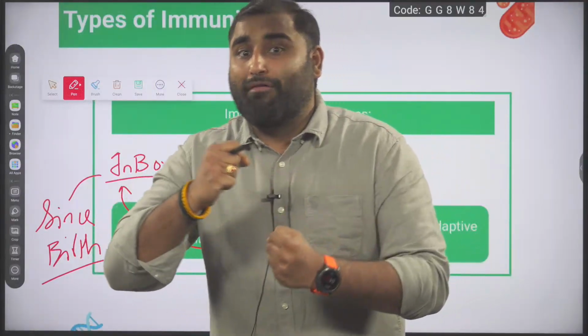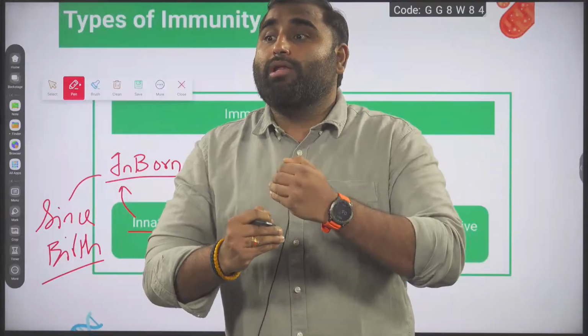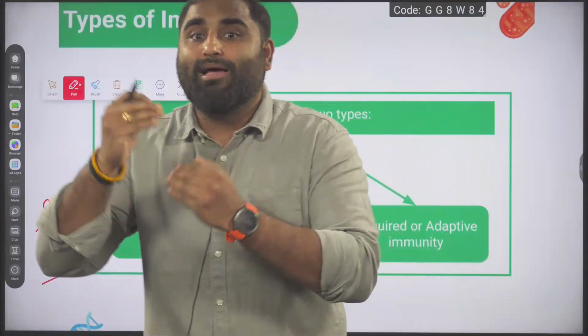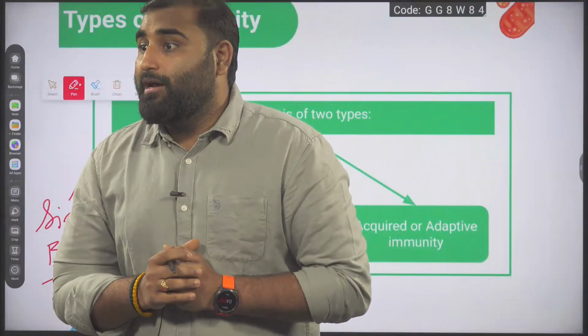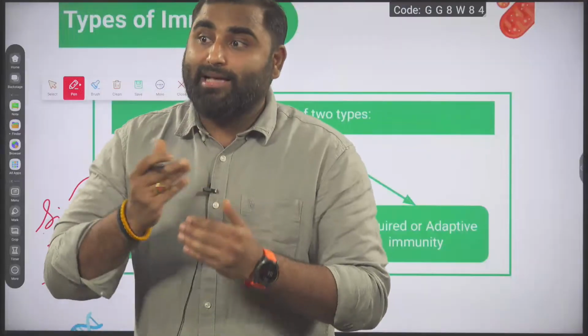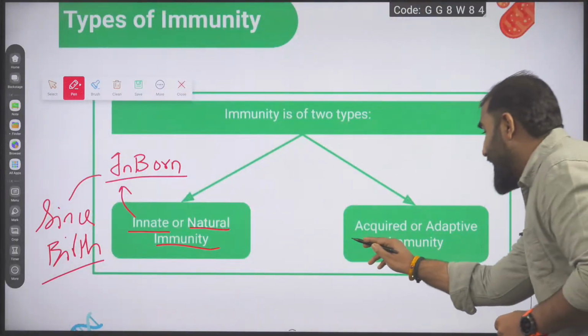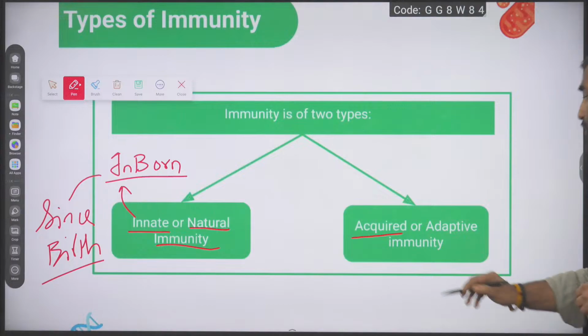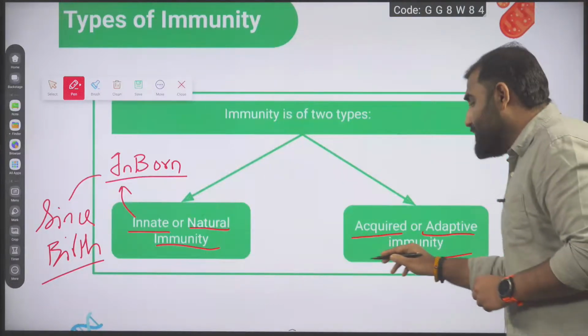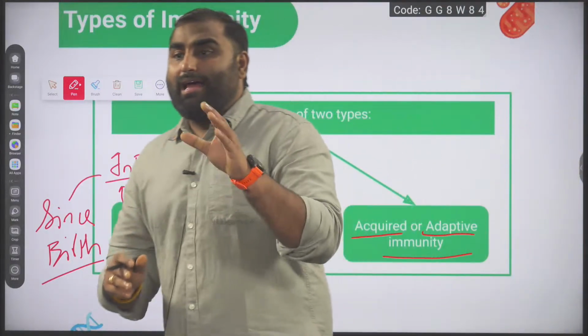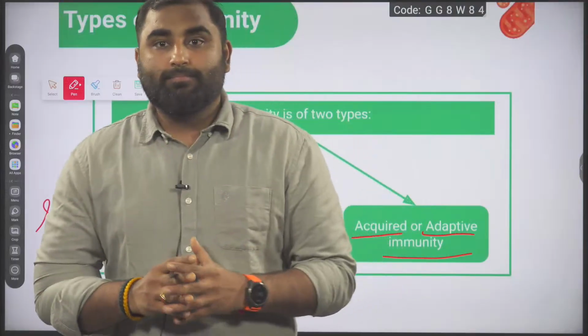We learn how to fight them. So slowly our immunity improvises. And which kind of immunity do we develop? We develop acquired immunity, also known as adaptive immunity.